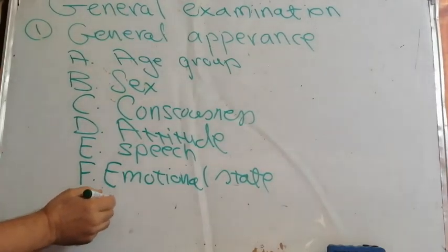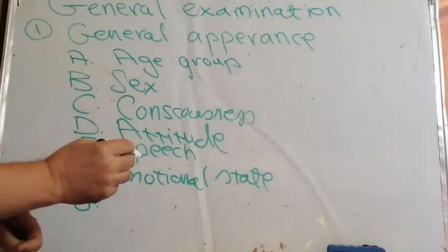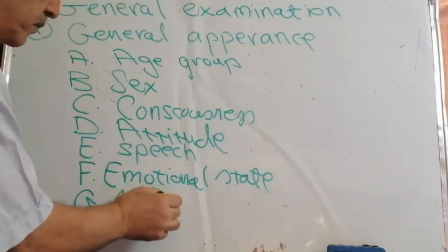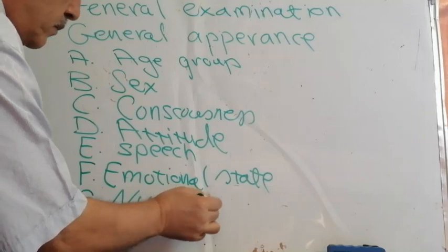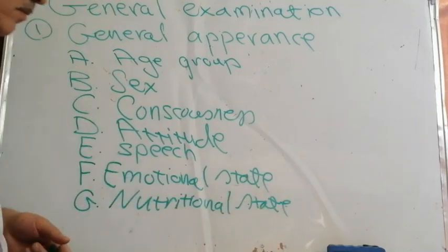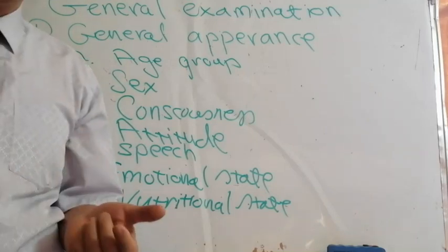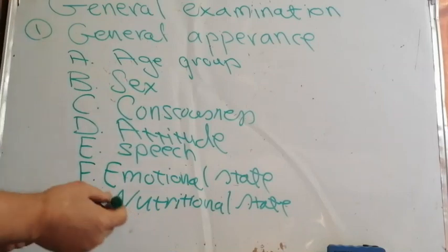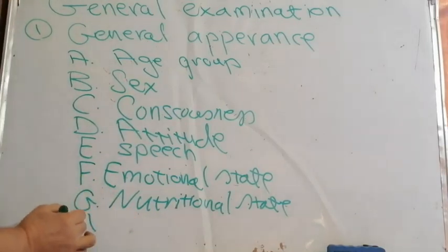G is the nutritional state of the patient. Is the patient obese, malnourished. H, gait.